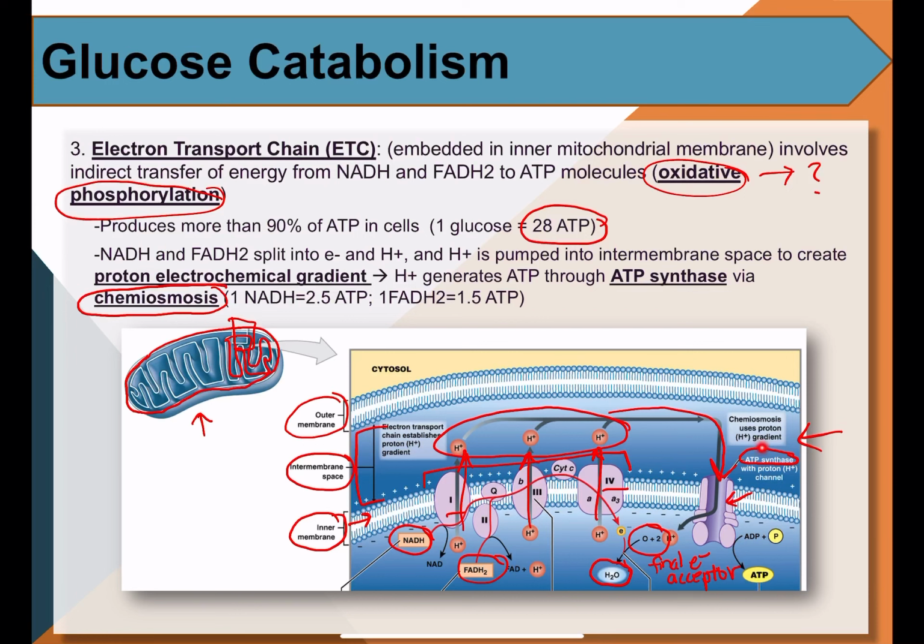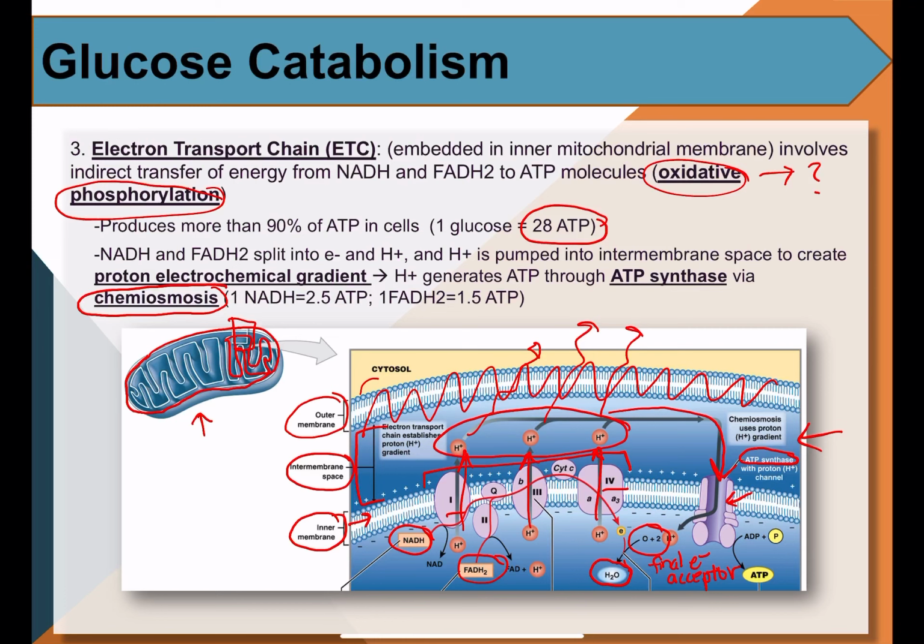And hence, this is why this intermembrane space is very critical and why the mitochondria has to have two layers of phospholipid bilayer. If you don't have this layer, let's say if this layer was completely eliminated, then these hydrogen ions will just float away to the cytoplasm, and you don't have a concentration gradient of hydrogen ions anymore.